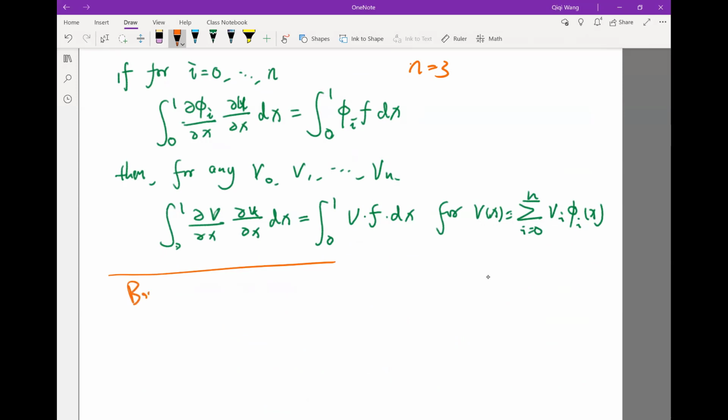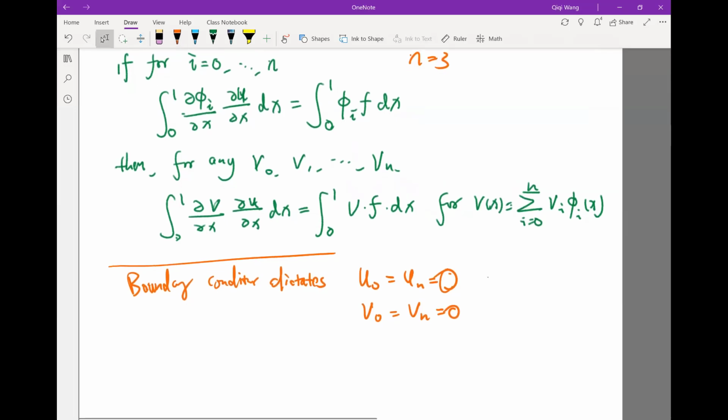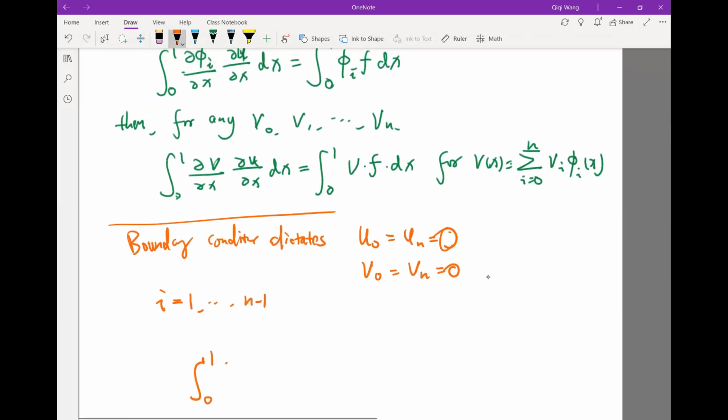So I only need to enforce the equation, because the boundary condition dictates that u0 equal to un is equal to 0, and v0 equal to vn equal to 0. So we only need to enforce it for i equal to 1 to n minus 1, the integral from 0 to 1 of dphi_i/dx times d/dx of u. And here, let's expand u into its linear combination form.